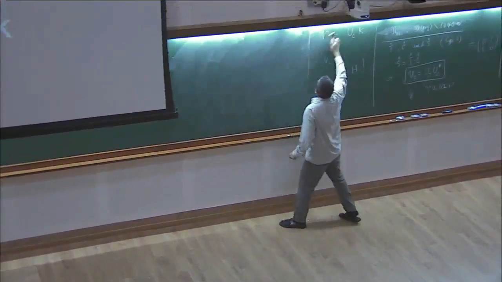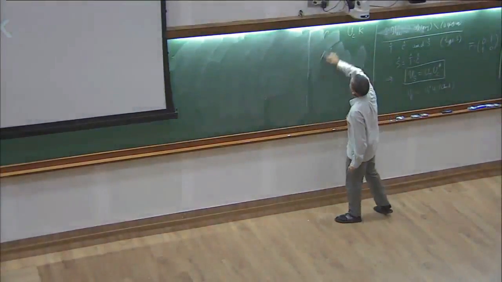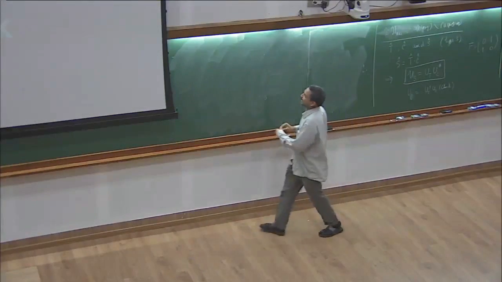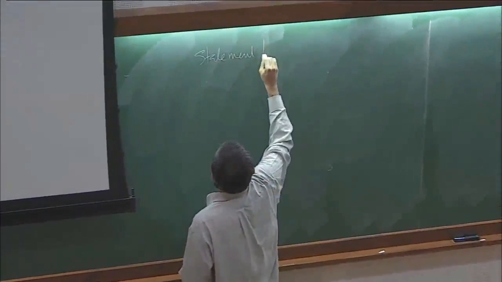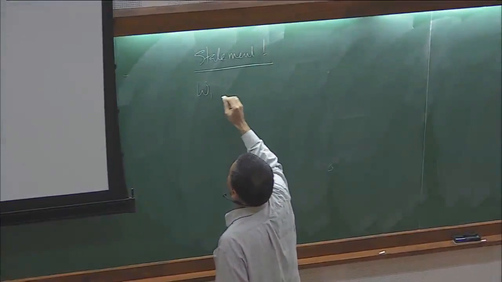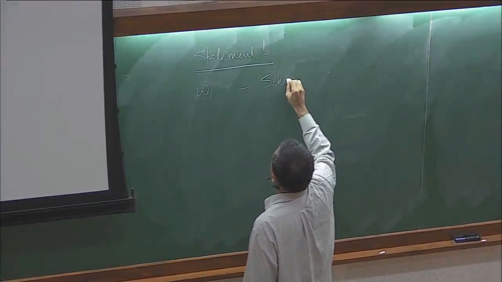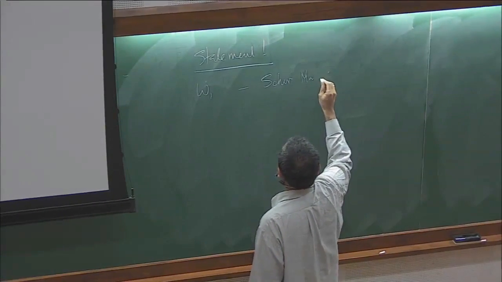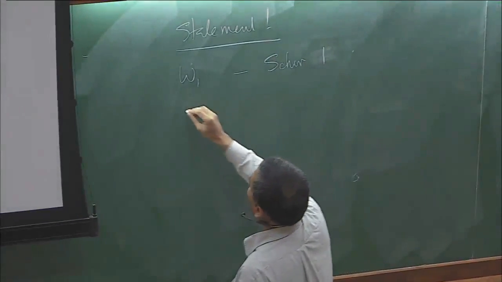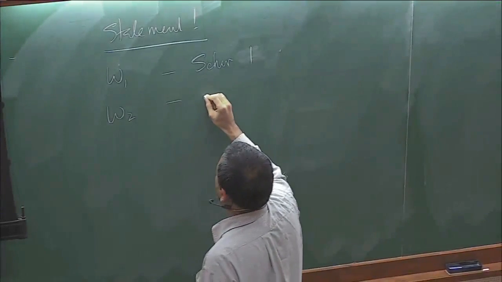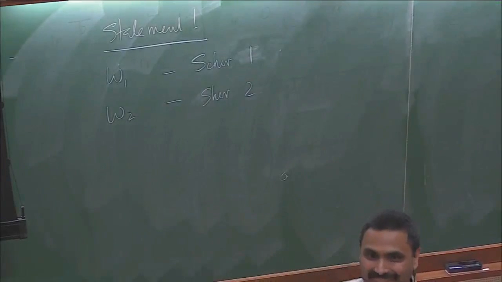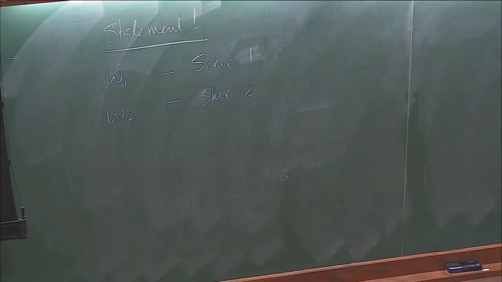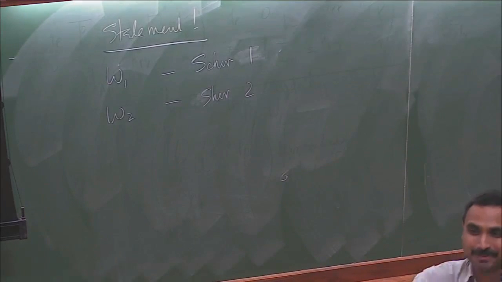Okay. So here's my first statement, to try and answer this question. Statement 1: if omega 1 is a multiplier system, Schur 1, and omega 2 is another, Schur 2, then I have one multiplier system and another multiplier system.